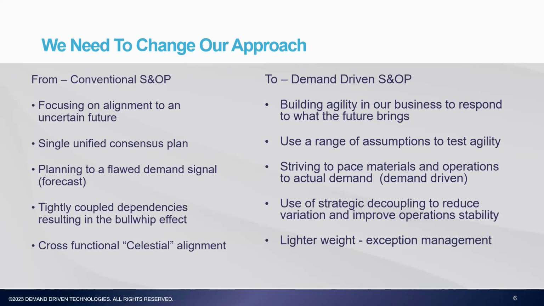It's asking fundamentally different questions than what traditional S&OP was built around. If we have a range of assumptions, we can then test that agility. We can strive wherever possible to pace to the actual demand in the market, because by definition, if I can respond to whatever orders come in today, I am truly agile, and that's the end game that we should be working towards.